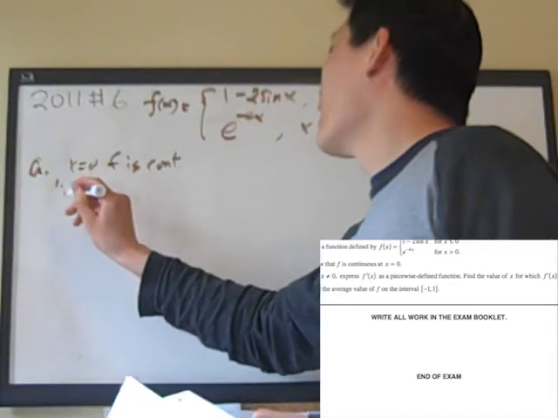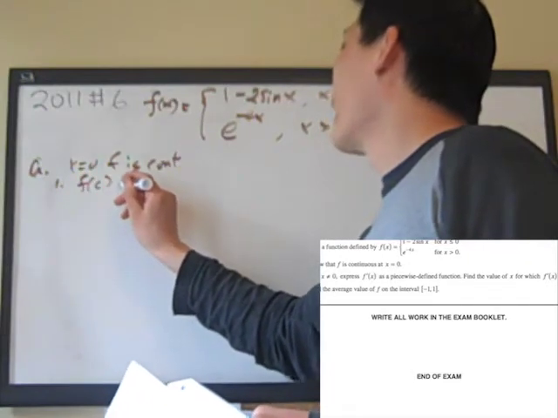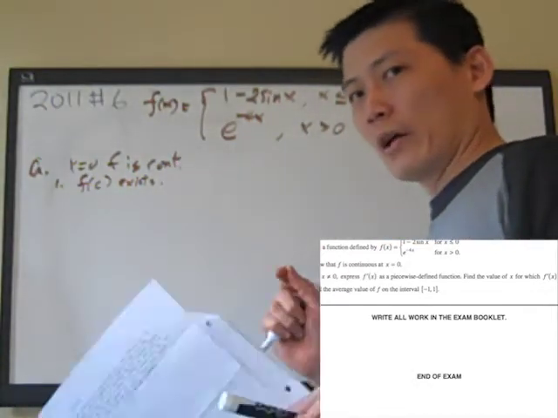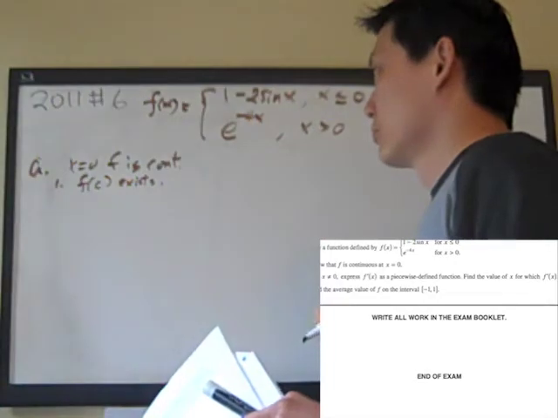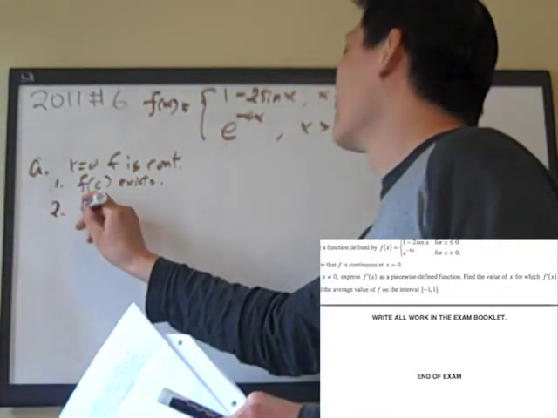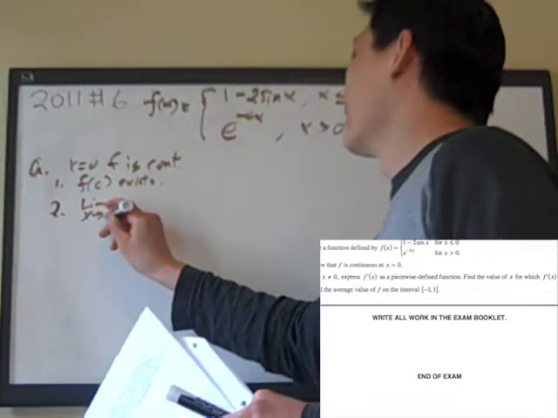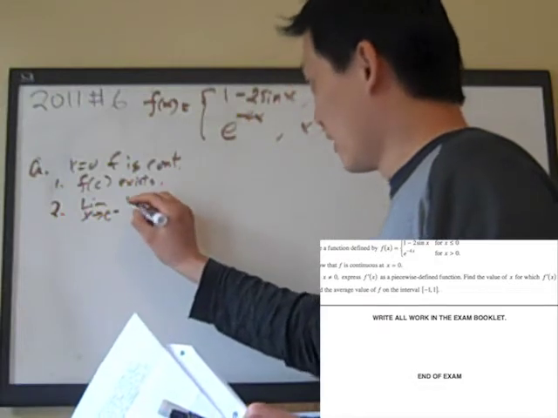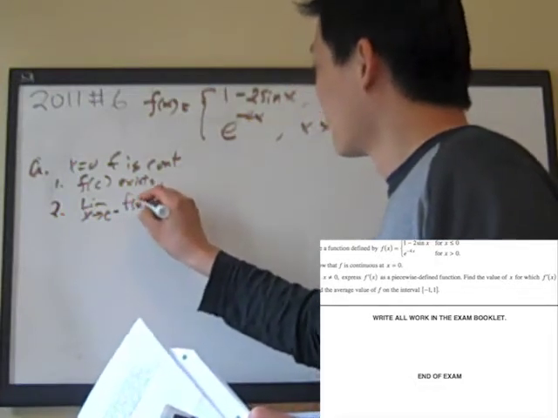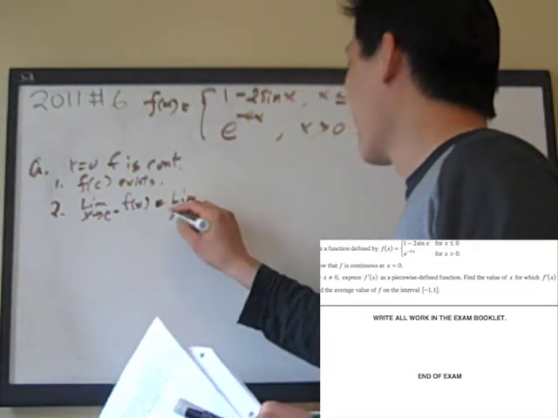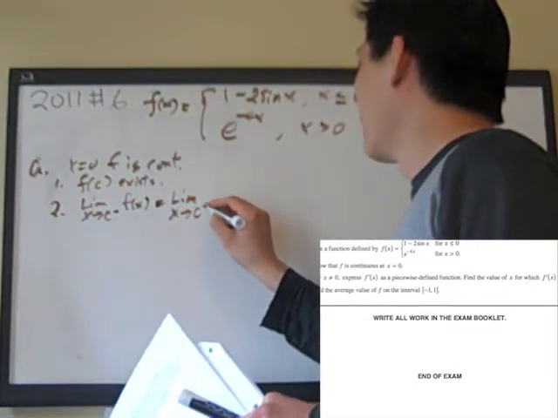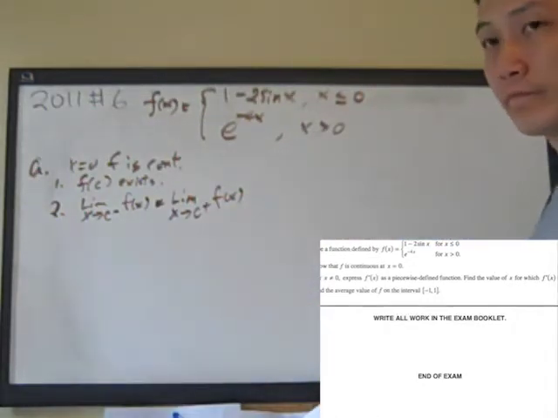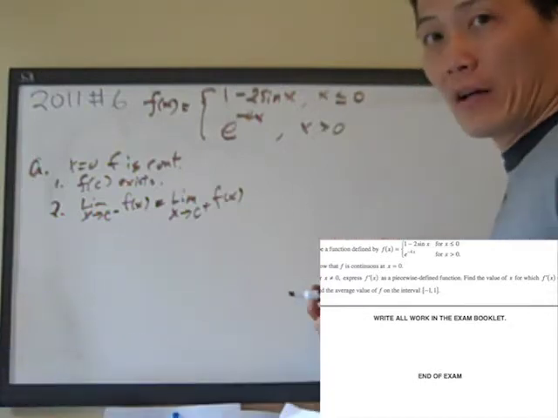Continuity requires, one, that f of c has to exist, so that means f of 0 has to exist. Second, the limit as x approaches c from the negative side of f of x has to equal the limit as x approaches c from the positive side of f of x.